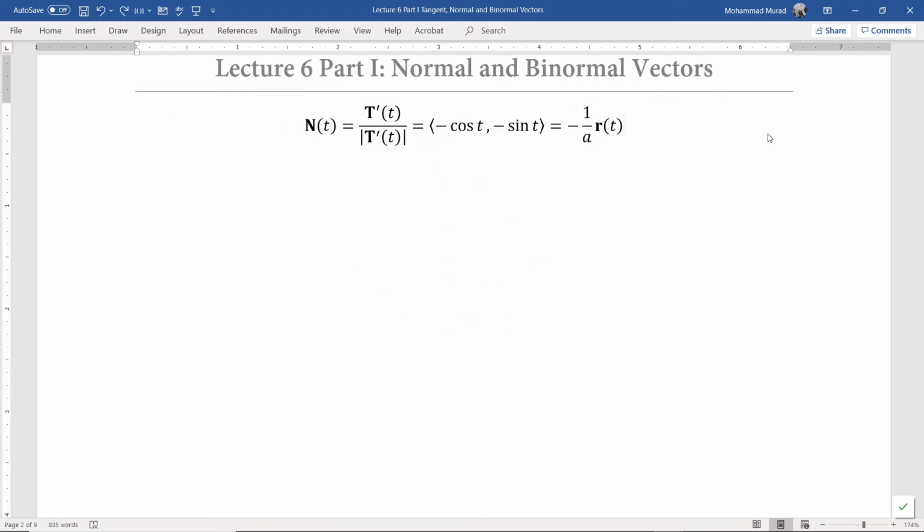As defined, the unit normal vector is given by this equation, which is this vector. It can also be written as negative 1 over a times the position vector r of t. This equation shows that the unit normal vector is parallel to the position vector, but in the opposite direction to the position vector.